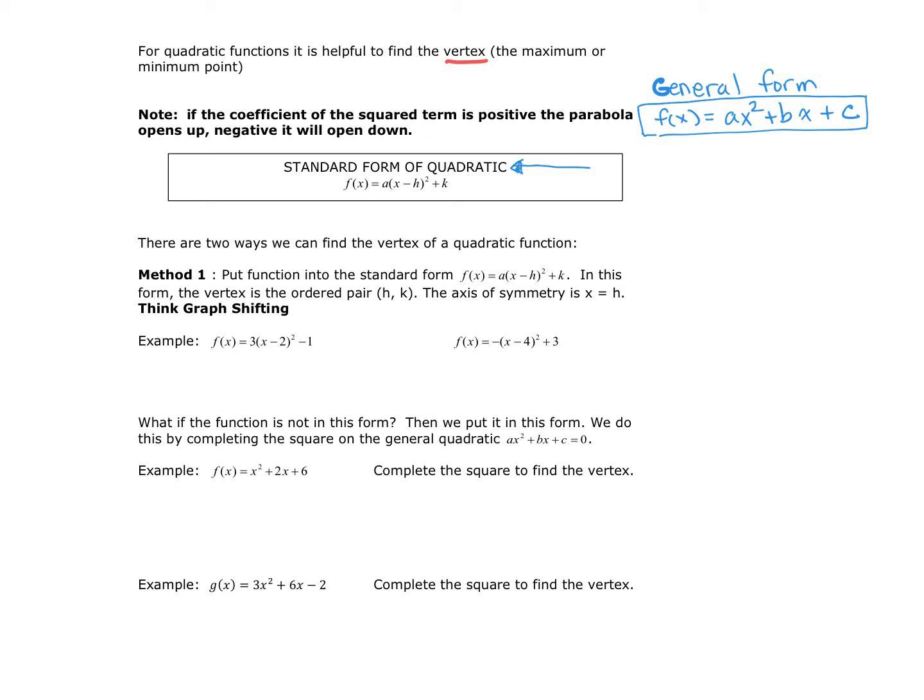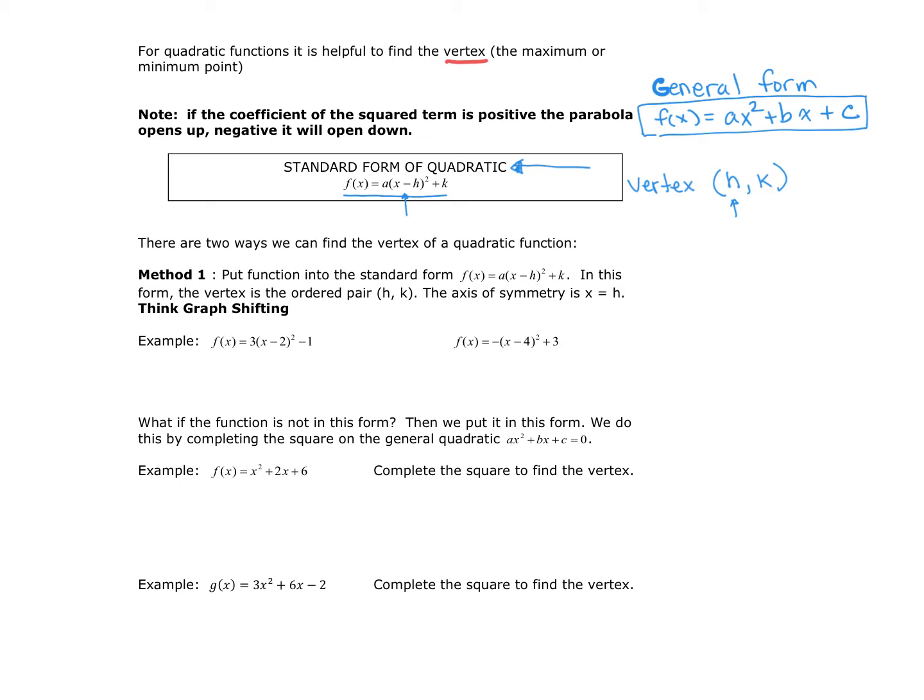So if our equation is in the form a times the quantity x minus h squared plus k, our vertex is going to be the ordered pair h, k. Now notice that it does have a minus sign in here, and it does not have a minus sign here. That is because the minus sign is part of the equation.